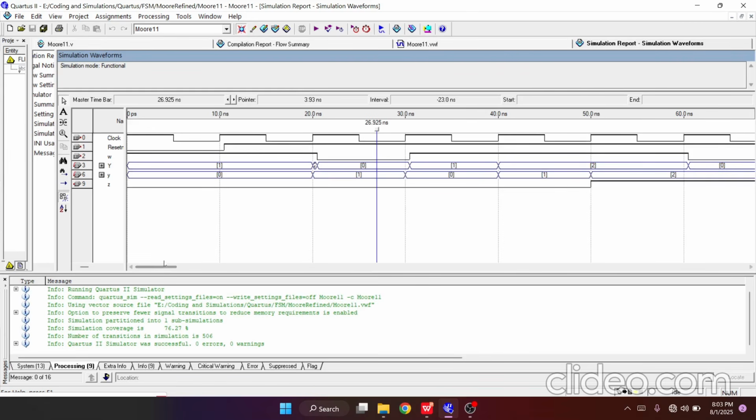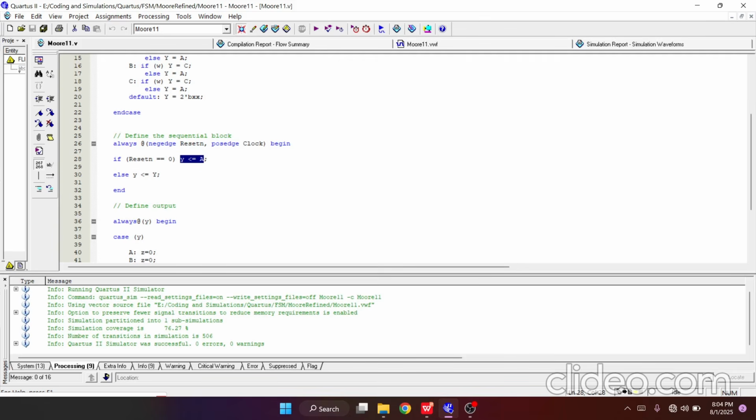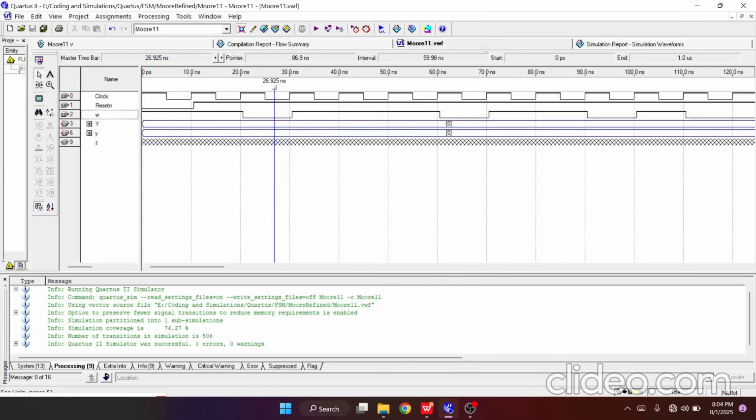Then we see further, but see, at this point reset n was 0 here. As a result, as our code said, when reset n equals 0, the present state should be kept A or 0 0.